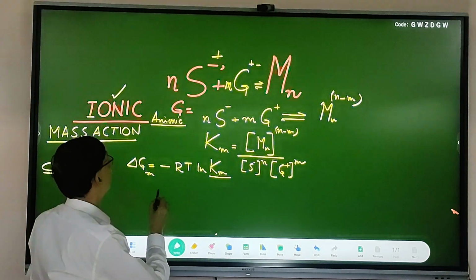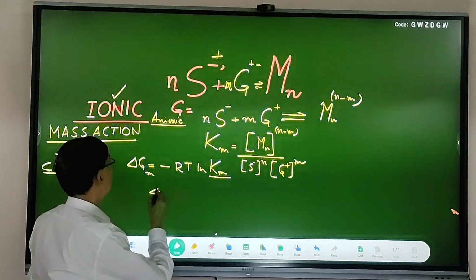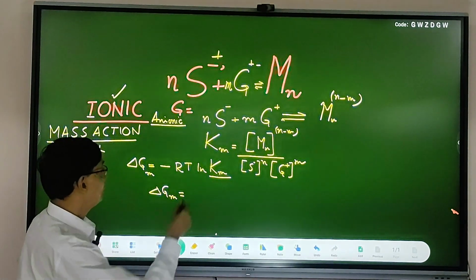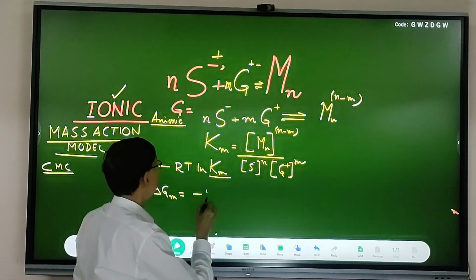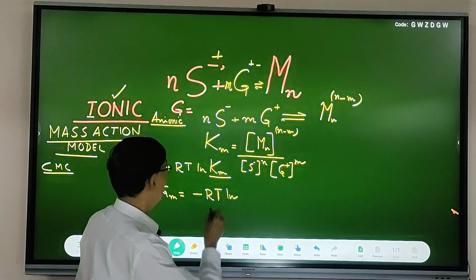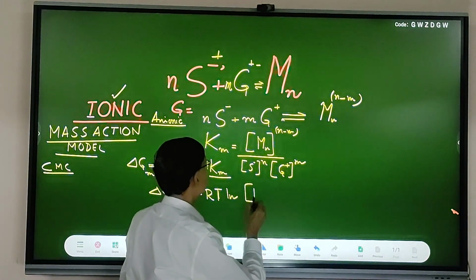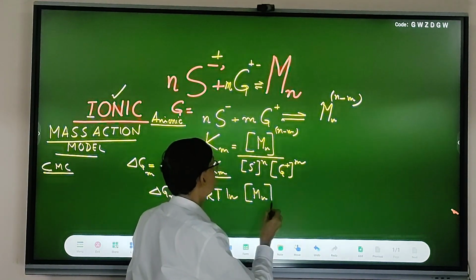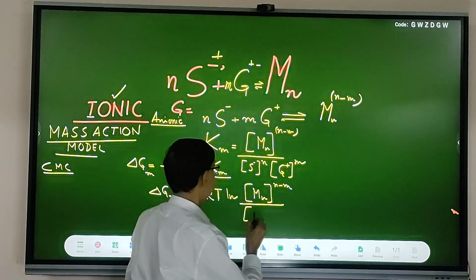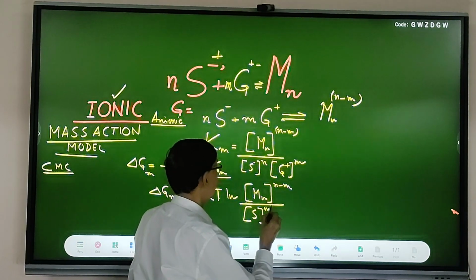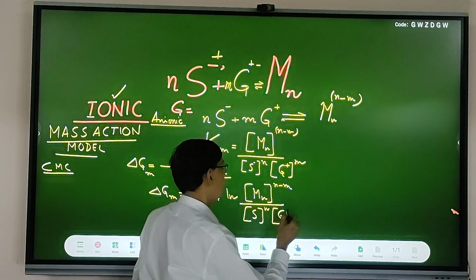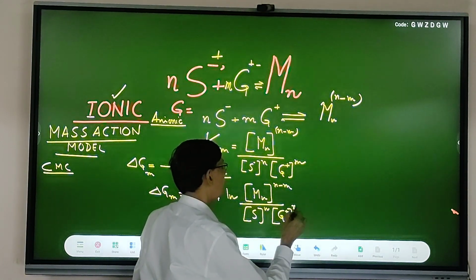So we can write like that, delta G of M is equal to minus RT natural log of these terms, N. You can write plus minus, it's absolutely no problem.